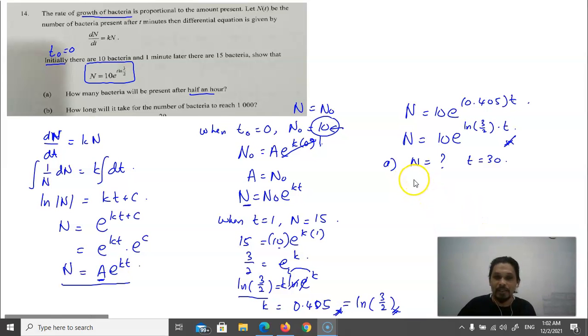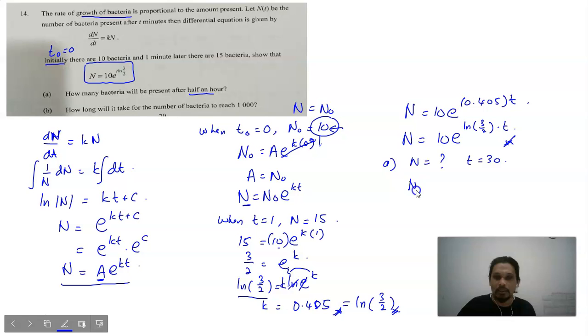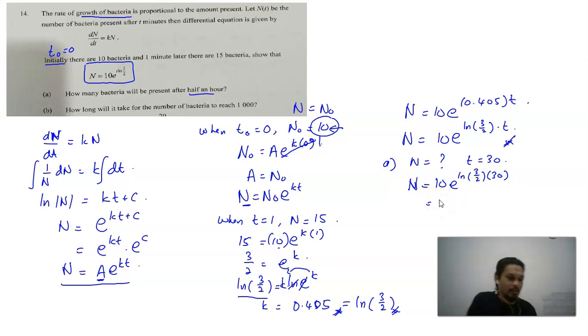So N equals 10 e power of natural log of 3 over 2 and T equal to 30. You may use your calculator here.